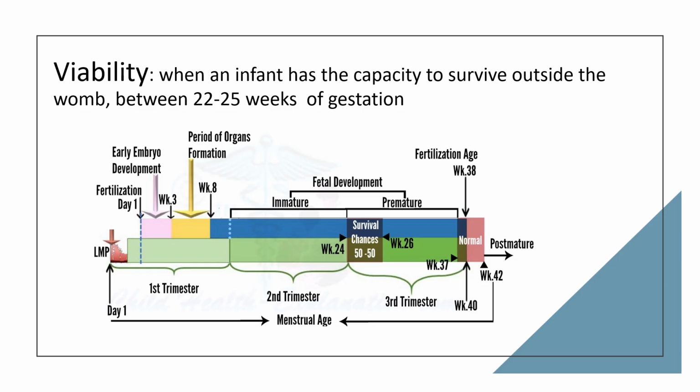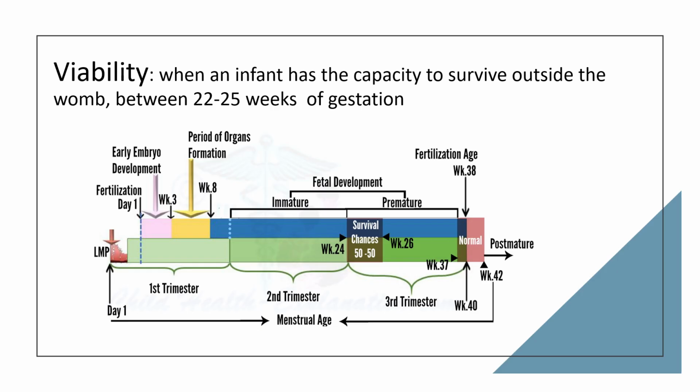We have all these fancy medical equipment to help a baby survive in the event that baby is born prior to full term. So viability is the survival outside the uterus, the womb, and based on the terminology, we can technically save a baby between 22 and 25 weeks gestation.